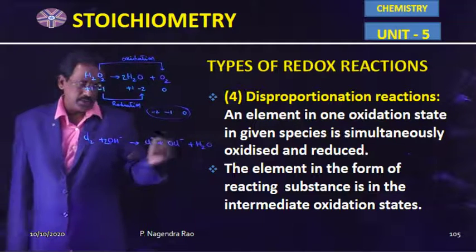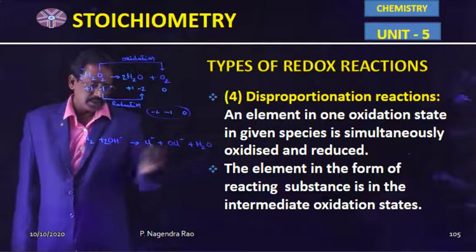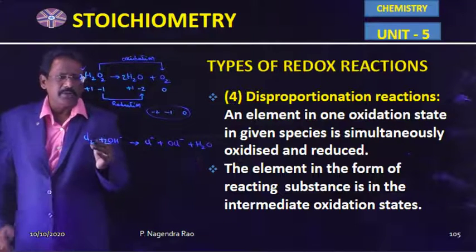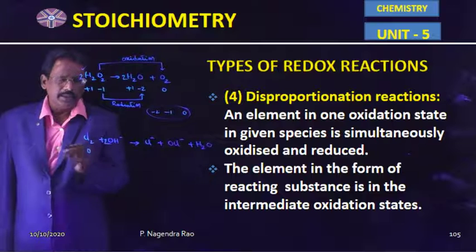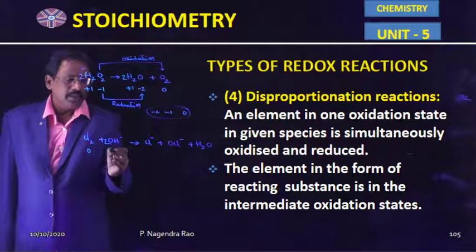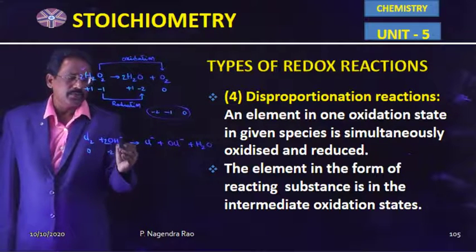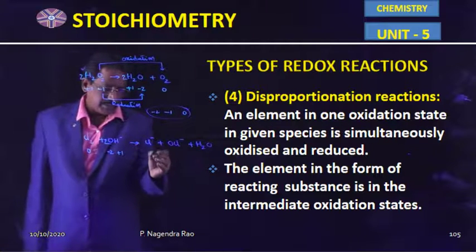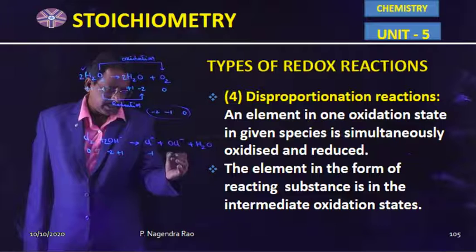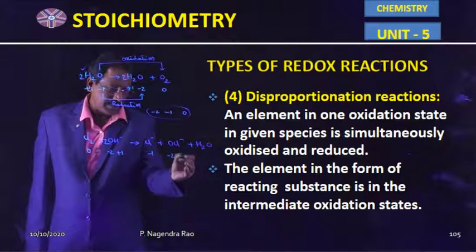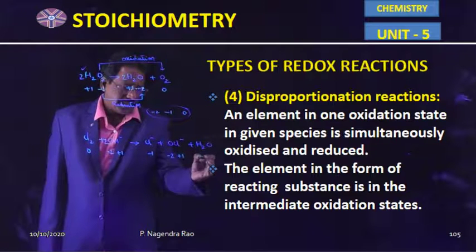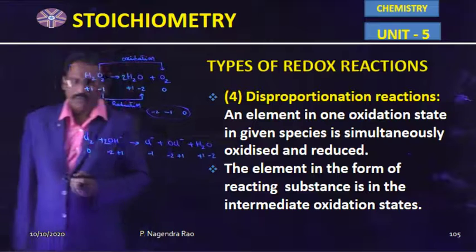Two chlorines, two oxygens, two hydrogens. In the second example also, chlorine oxidation state is 0. In OH minus, oxygen is minus 2, hydrogen plus 1. In OCl minus, chlorine oxidation state is plus 1, and in water, hydrogen plus 1 and oxygen minus 2.